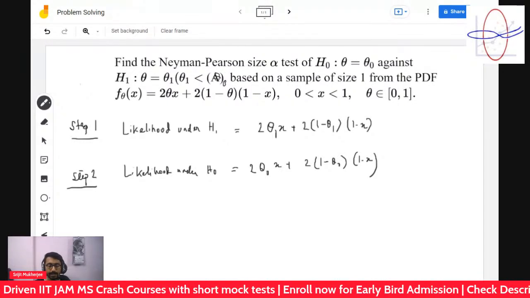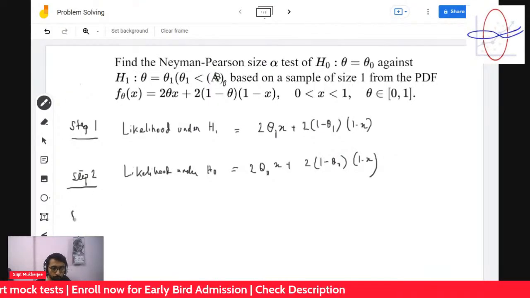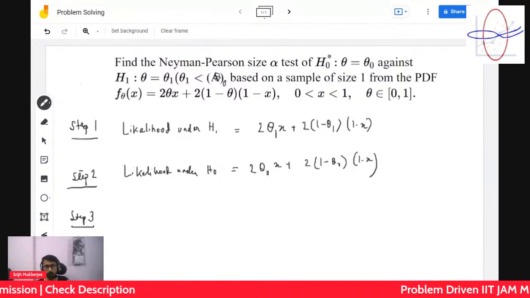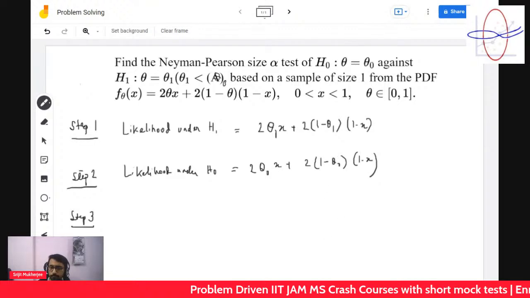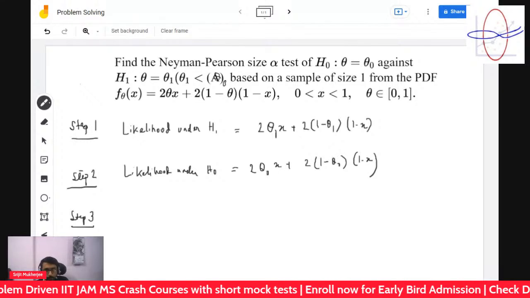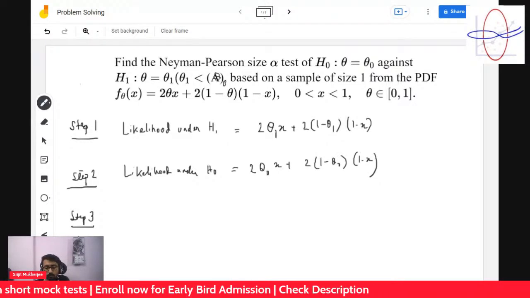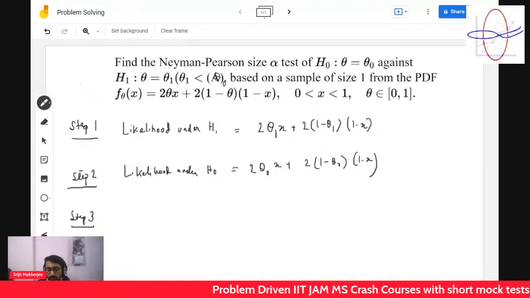Okay, and what is step 3 now, guys? What's the step 3? Tell me. Divide them and see.